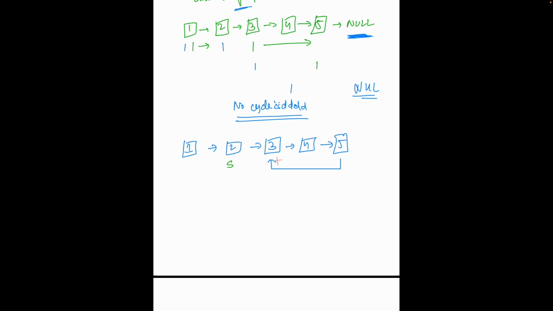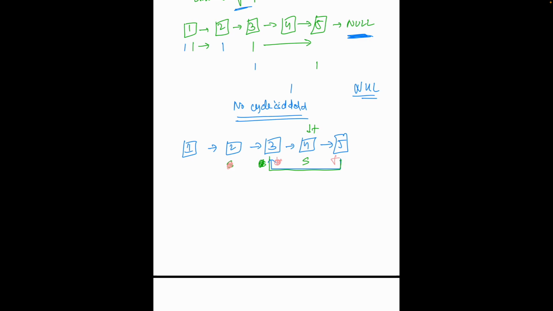Next turn, sorry, we put slow here and we put fast here. Next turn we put slow here, and guess what, fast is going to be here and back here.